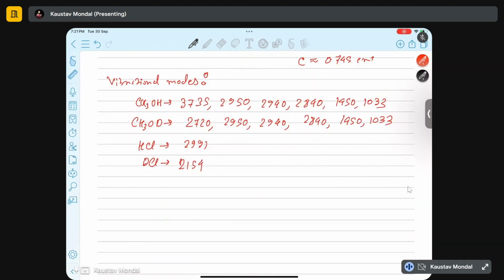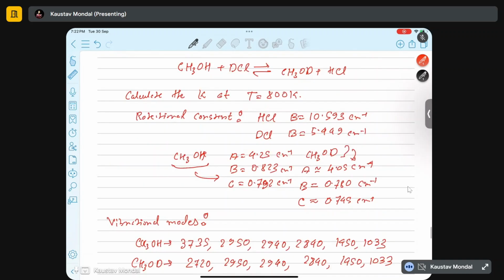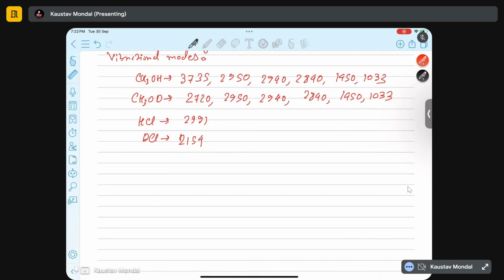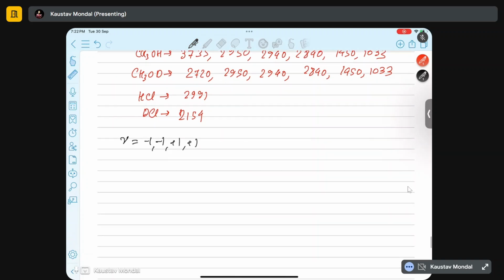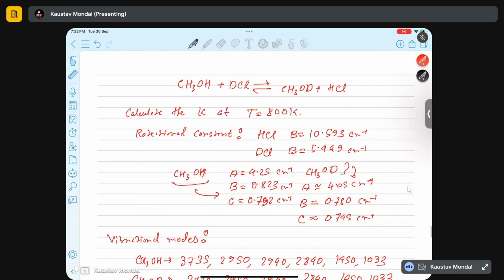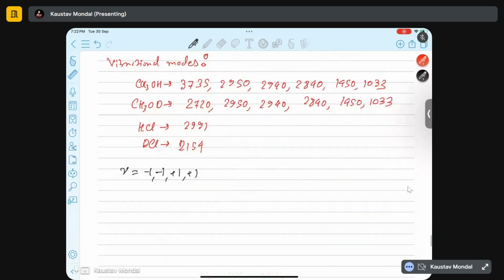Now, okay, since we got all the terms, let's first write the K. So first let's write the stoichiometric terms. So stoichiometric terms are -1, -1, +1, and +1, right? So for the products it's plus, for the reactants it's minus, right?